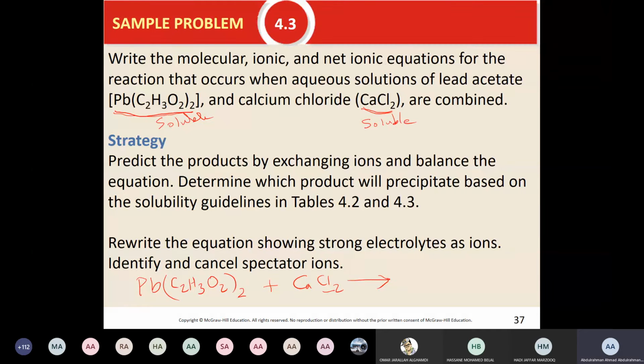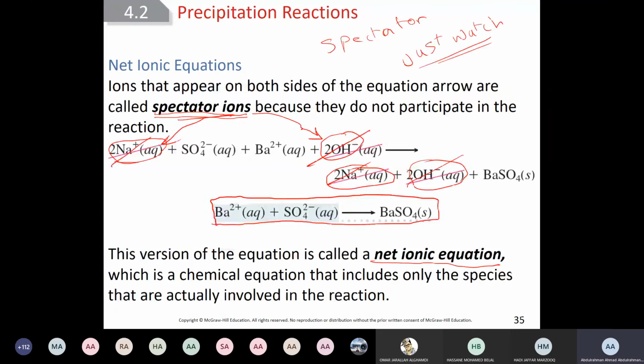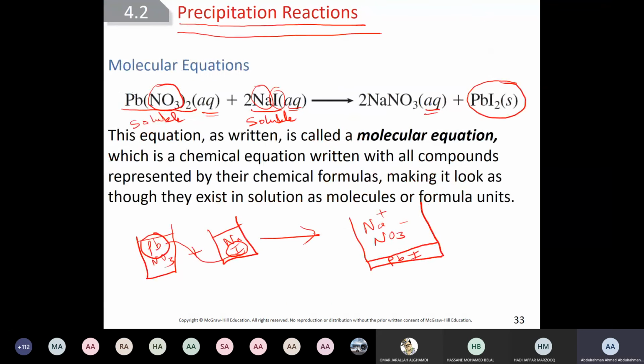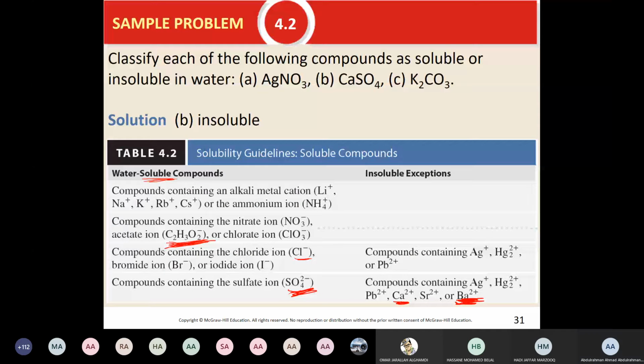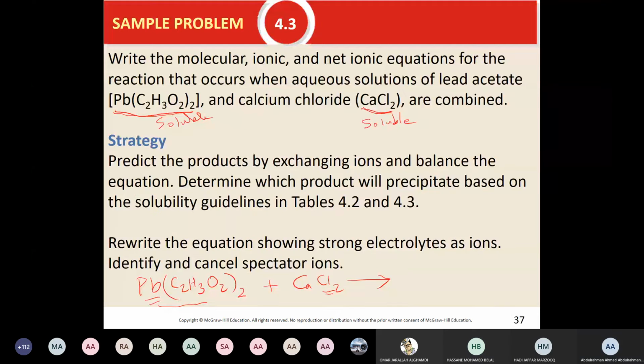Don't forget, chloride, everything is soluble, but if it sees lead, let's go back to the table. Chloride with Pb2+, what will happen? Not soluble. Good. So let's write this equation. What will happen if you mix this one with this one? This is aqueous and this is aqueous.